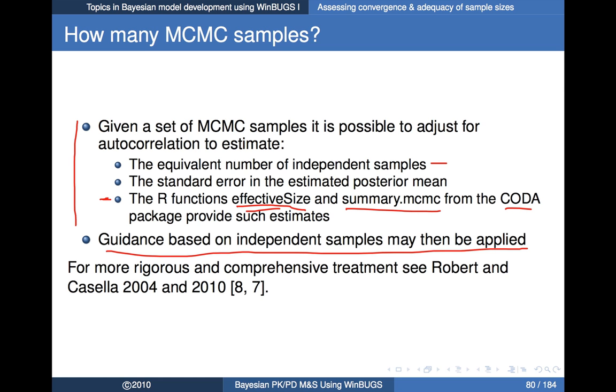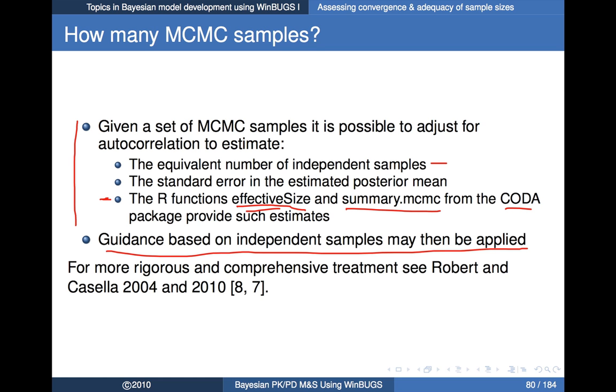So for example, what we just looked at here, where the equivalent number of independent samples was around 150, and let's say I think, well, I'm probably going to need at least 500 to get the kind of precision I want in the posterior means. Well, that tells me, okay, I did 150, and in order to get that up to 500, I'm going to have to do roughly 3 times more. In fact, what is it? A little more than 3 times more samples than I originally did.